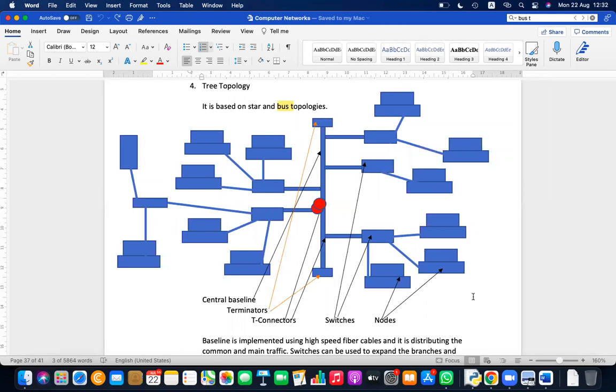This is called tree topology. It has both the advantages and disadvantages of star topology and bus topology.